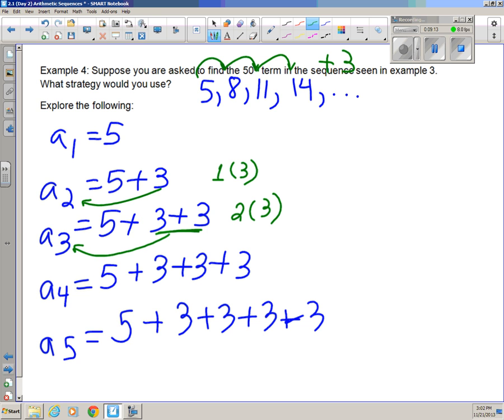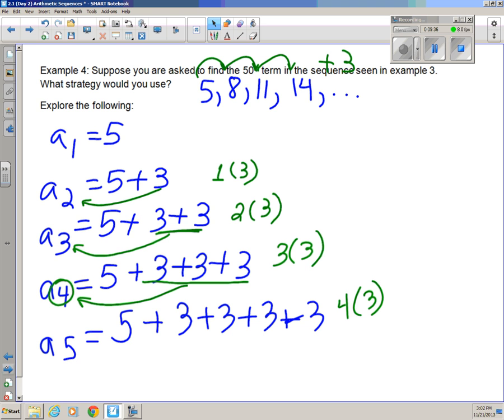For a sub 3, I add 2 threes, 1 less than the term position. When I look for a sub 4, I had 3 of my common differences, 1 less than the term position. For my fifth term, I had to add 4 of those common differences to my first term.